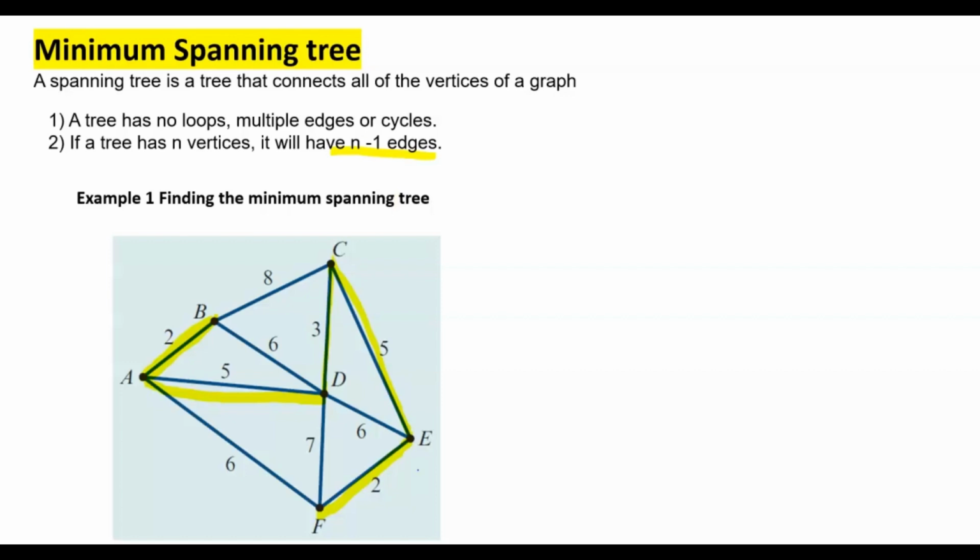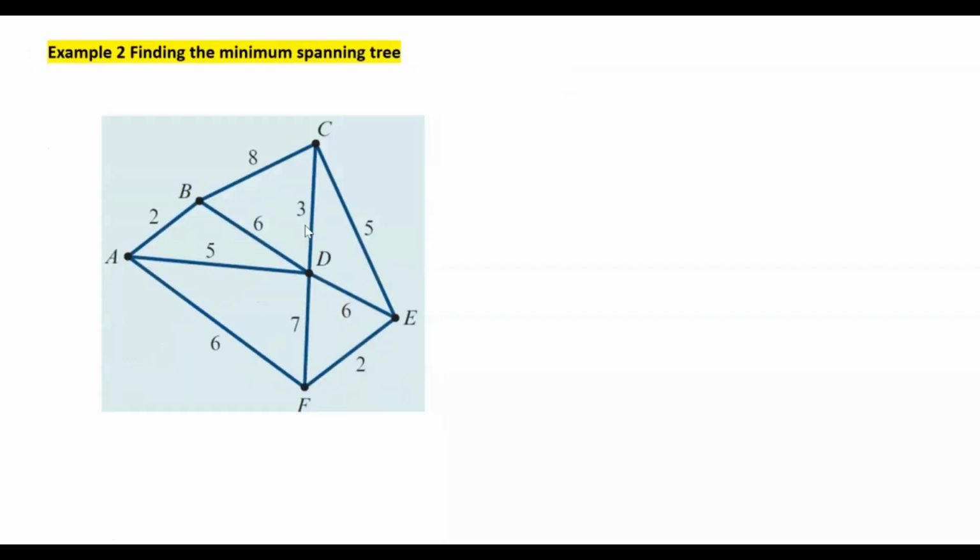Okay, now let's have a look at another example, a minimum spanning tree. Again, we pick the smallest weight for every vertex. It doesn't matter which vertex you start from, but it's always easier to use the outside ones rather than the inside.